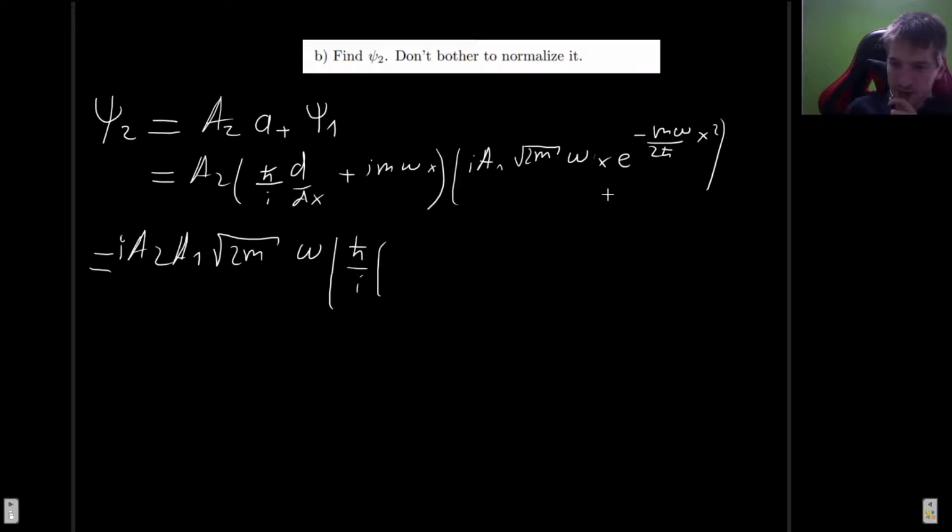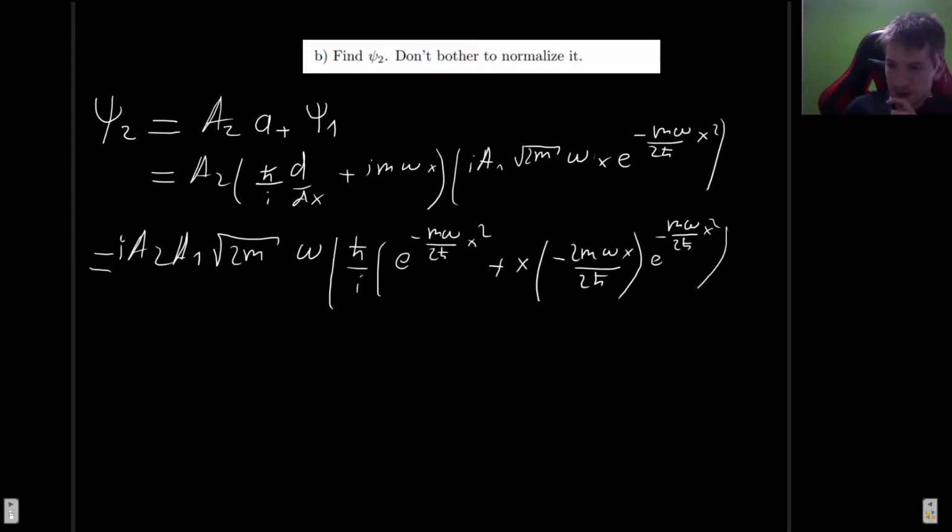It's going to be the derivative of the first, which is just x, times the second term, which is just the exponential, 2h bar x squared, plus, this time, x times the derivative of this, which is just going to be minus 2m omega x divided by 2h bar times the exponential, 2h bar x squared, and close the parentheses.